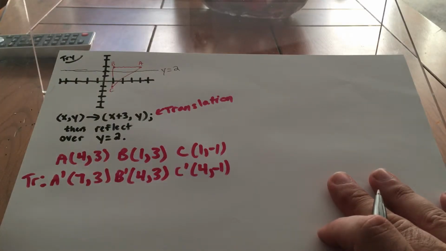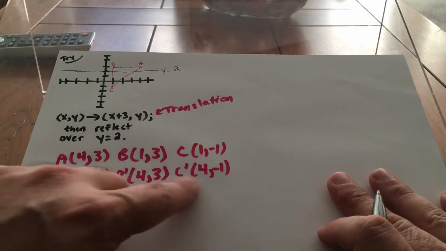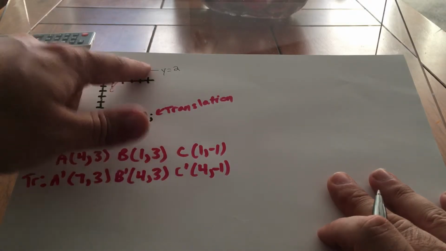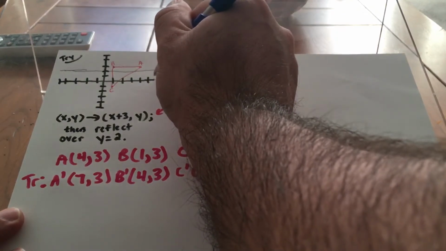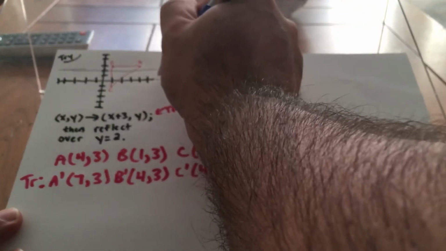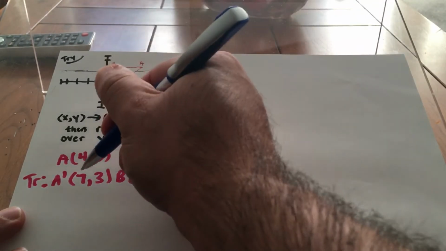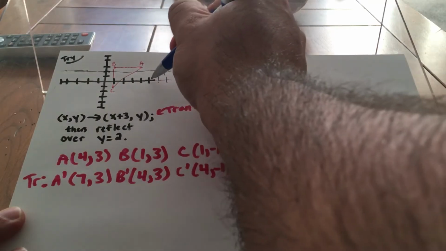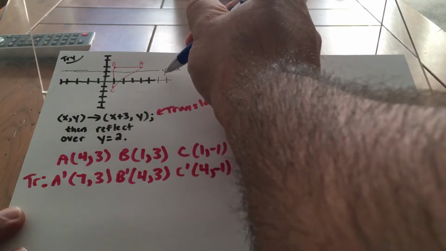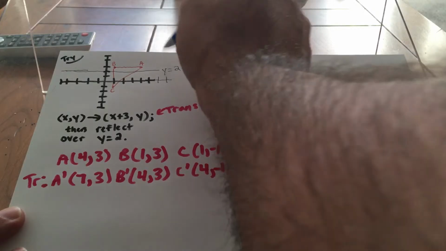So you still have a couple of options on how you want to do it. If you want to take your translated image here and plot it up here, you'd have to make this graph a little bigger. 1, 2, 3, 4, 5, 6, 7. All right, so that'll be enough. So if we plot our A prime, you've got 1, 2, 3, 4, 5, 6, 7, and then up 3. 1, 2, 3.